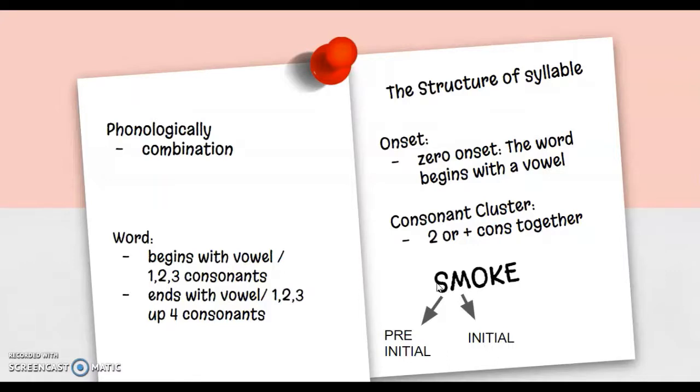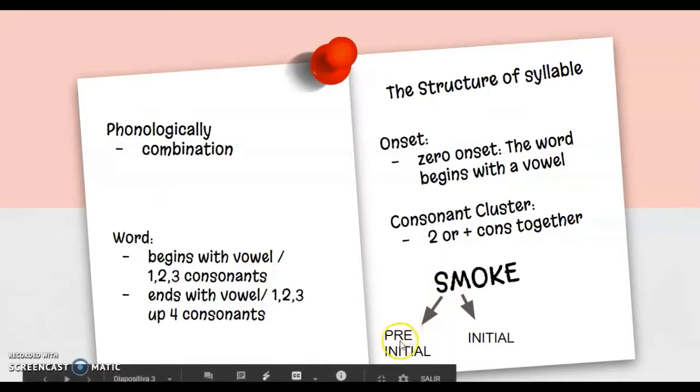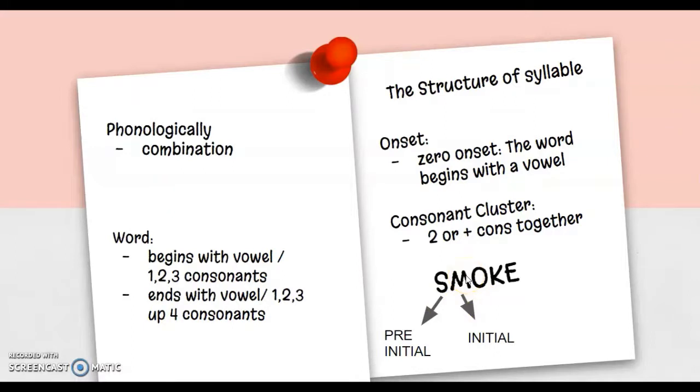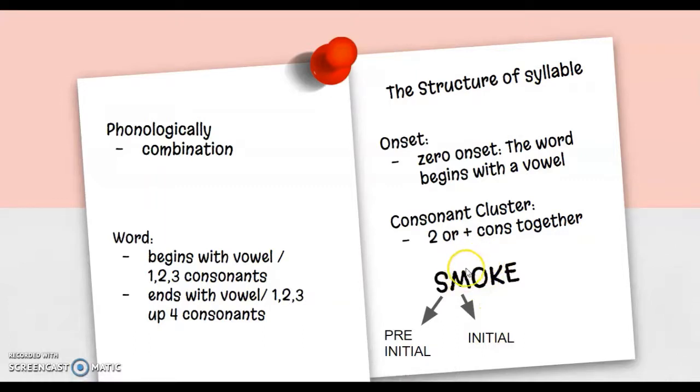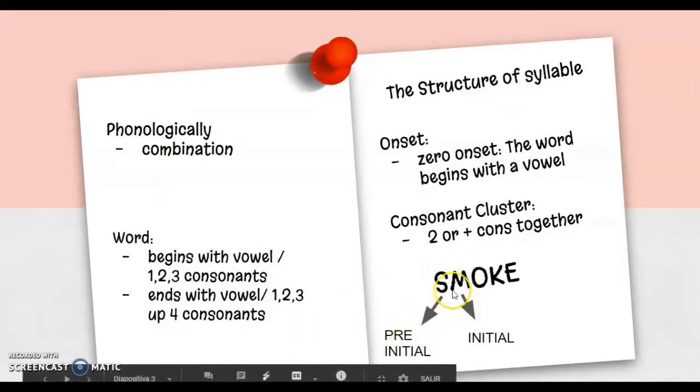The S sound in this cluster is called the pre-initial consonant. And the other consonant, t, w in this case, is the initial consonant. So you have here an obstruction before the vowel, and this obstruction is formed by 2 consonants together. You have here a pre-initial and then an initial consonant in this consonant cluster. Okay?